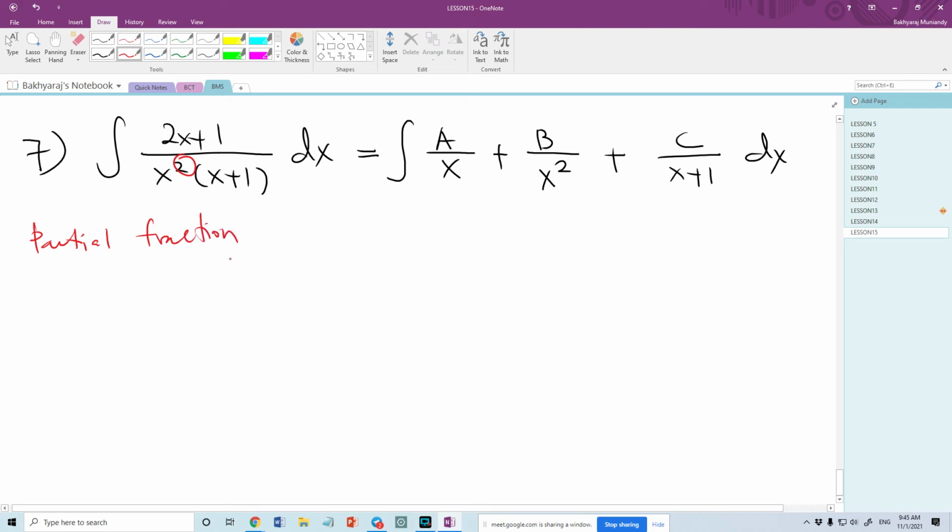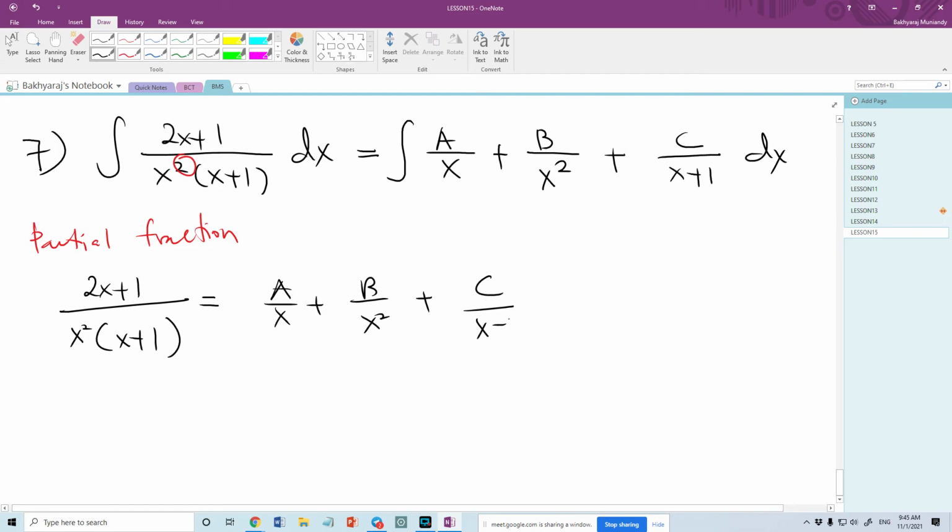So 2x plus 1 over x square times x plus 1 equals, of course, a over x, b over x square, c over x plus 1. Okay, we already have this. Now we need to get the numerator, meaning the top part. We need to get the top part.